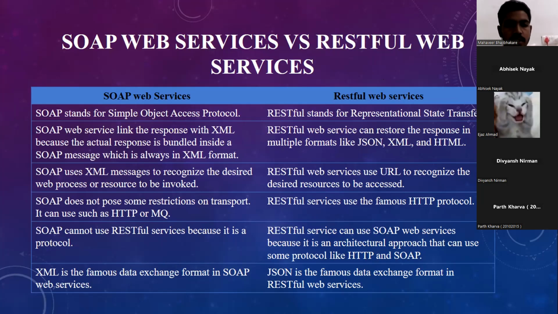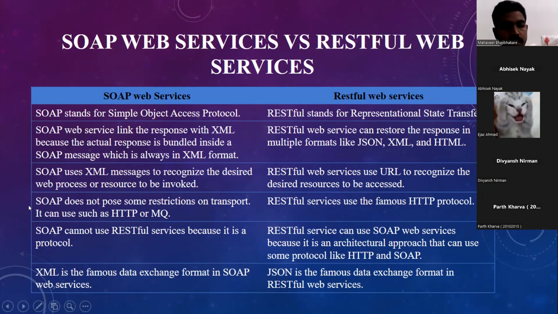SOAP uses XML messages to recognize the desired web process or resource to invoke, while RESTful web services use the URL to recognize the desired resource to be accessed. So we can access a particular request, or recognize a particular resource, with the help of a URL. In SOAP, we do not have restrictions on the transports; it can use HTTP or others such as AMQP, while RESTful web services use the famous HTTP protocol.